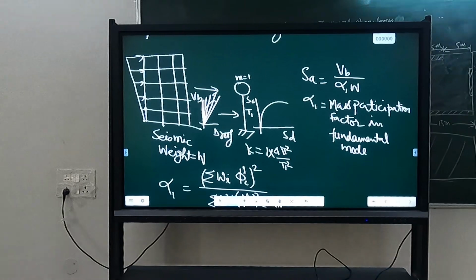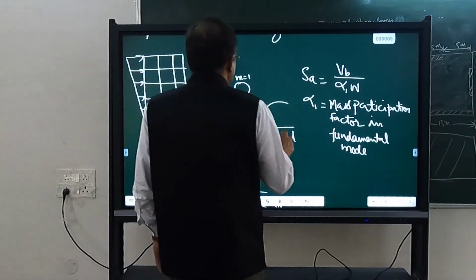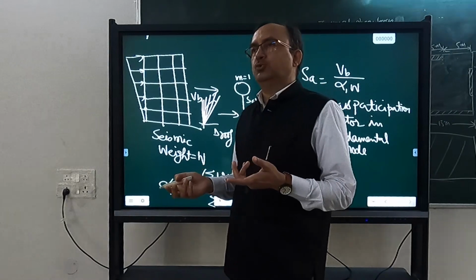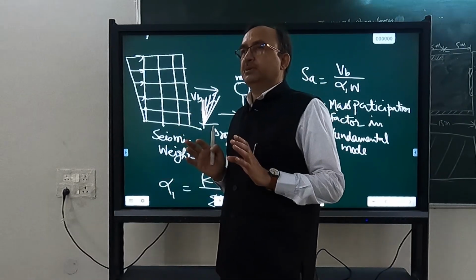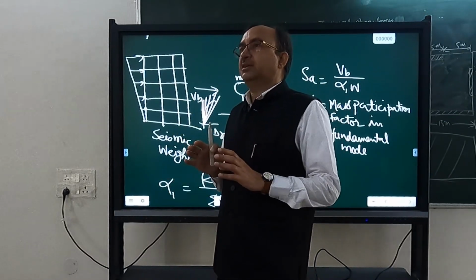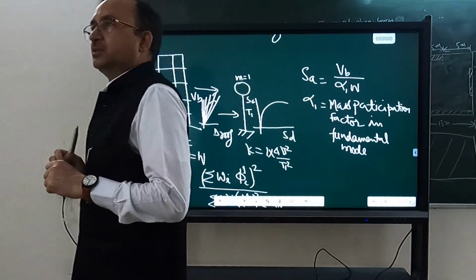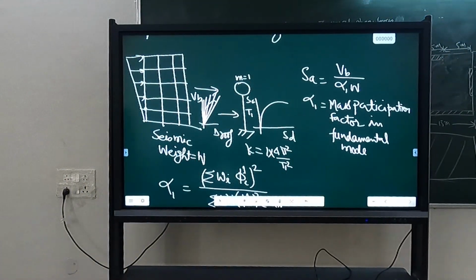So the relationship between SA and SD does not remain constant. For an elastic structure, knowing any one of the two will serve the purpose. But for an inelastic structure, not. You need to know the period at that value of SD, because the period changes with displacement.